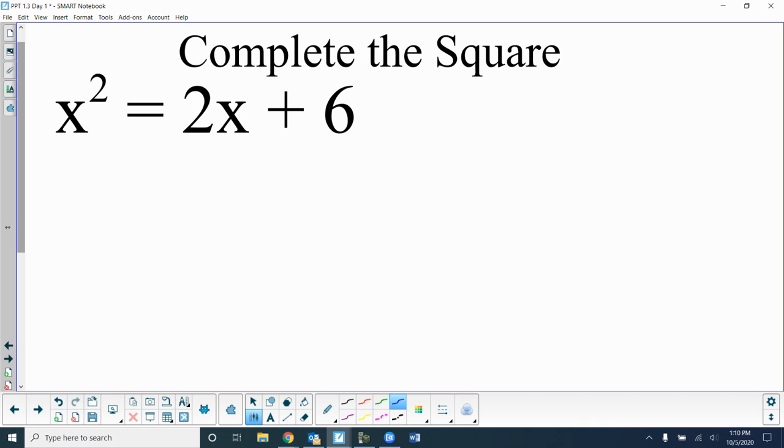When we do this method, we want the A and the B part over here on the left. We want the C part over on the right. Right now we got the B part on the right. We got to move the B part over to the left. So how do I move it over? Subtract.